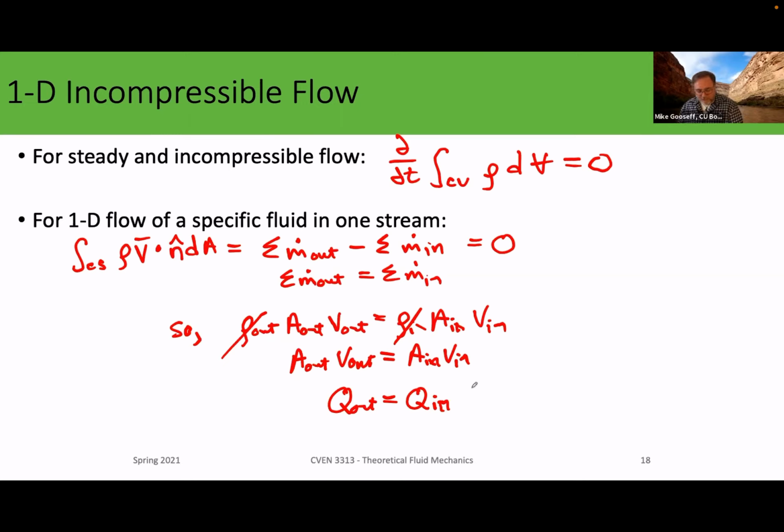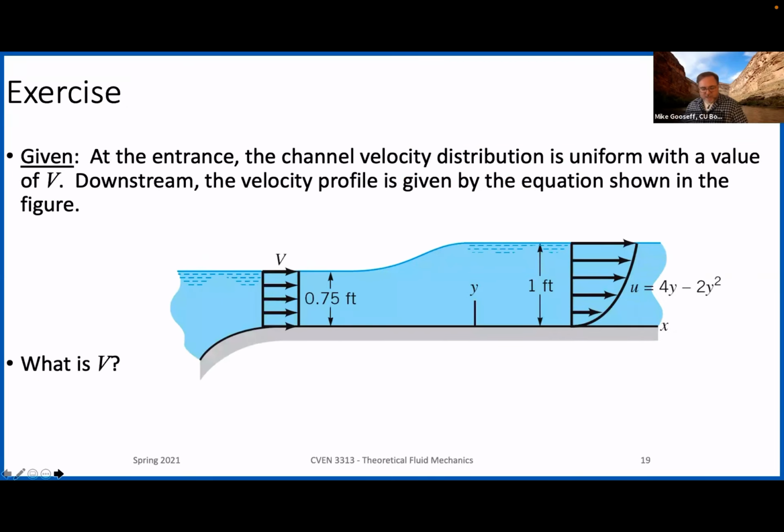Okay. All right. What I'd like to do next is, it's been a while since we've broken you up into groups to work a little bit. So I'd like you to take this problem and try to work on it in groups. I'll randomly assign you here in just a moment. Given at the entrance, the channel velocity distribution is uniform with a value of V. It has a depth, you can see, of 0.75 feet.